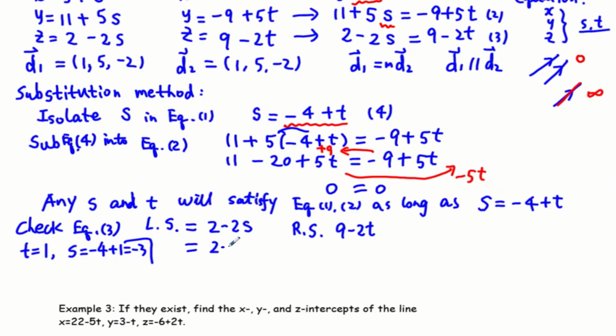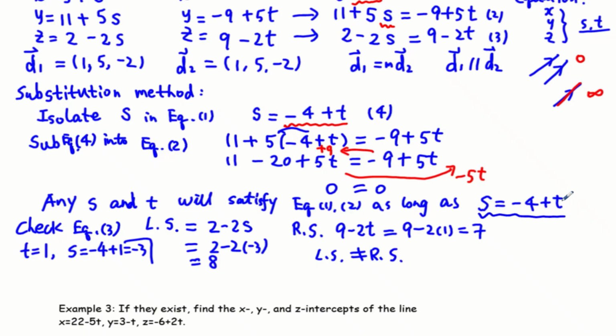So 2 minus 2 times -3 gives us 8. Then this one, 9 minus 2 times 1 gives us 7. So left side is not equal to the right side. It means the equation s equals -4 plus t for any s, t doesn't work for equation 3. So no solutions again.